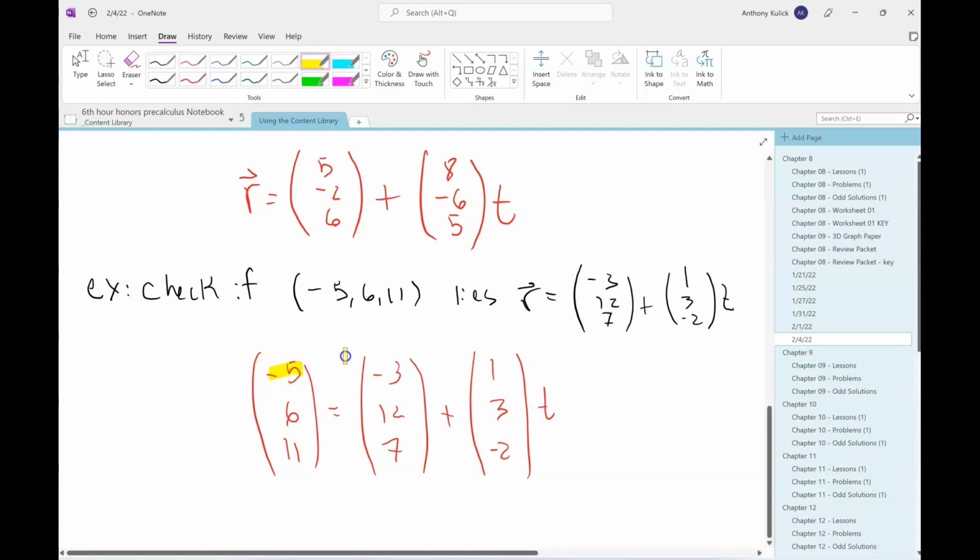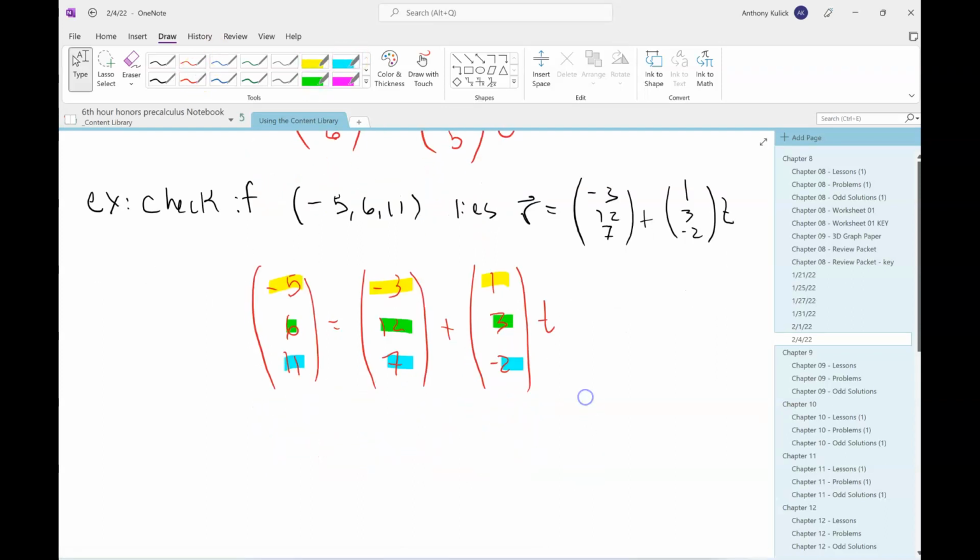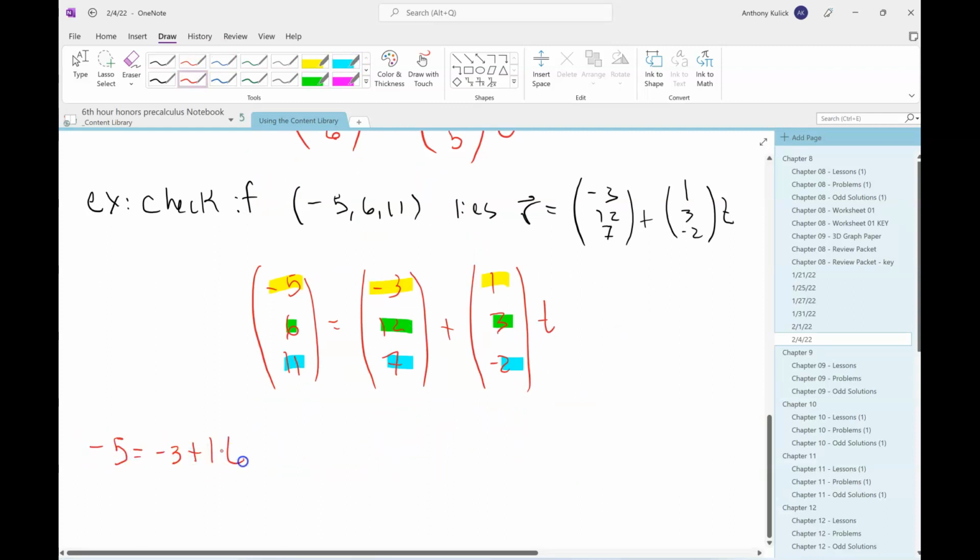We just plug in our new point vector for r and see if there's a single t that allows this to be true. So basically we write 3 equations, and solve each of the 3 equations for t, and check to see if we get the same value for t each time.